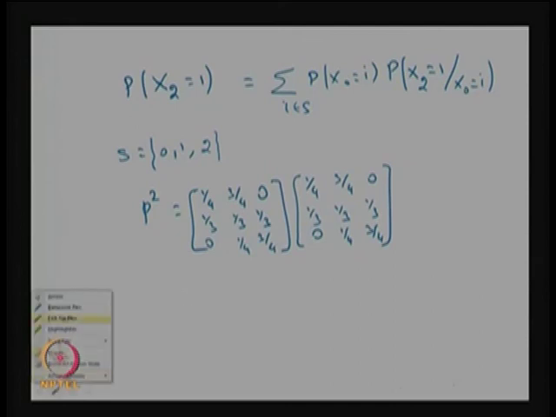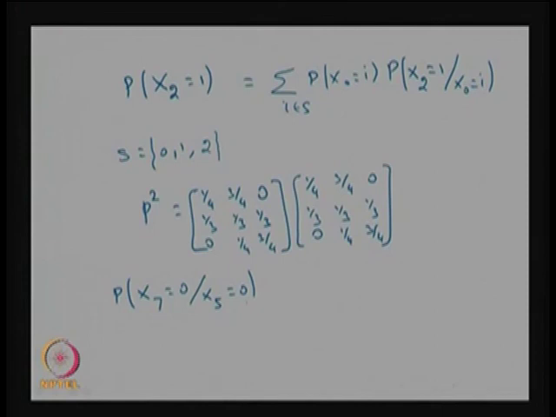Suppose our interest is to find the probability of X7 equal to 0 given that X5 was 0. This is the same as the probability that the system will be in the state 0 in the seventh step, given that the system was in the state 0 in the fifth step.